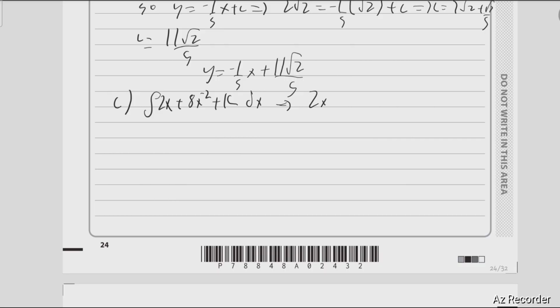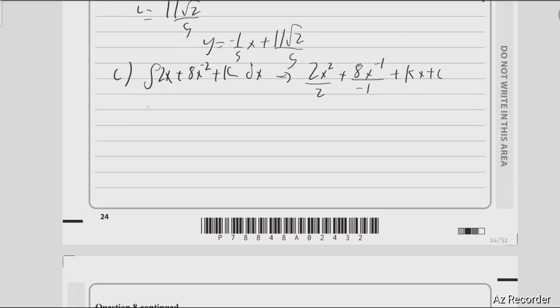So it's 2x squared over 2 plus 8x to the negative 1 over negative 1 plus kx plus c. So x squared minus 8x to the negative 1 plus k is 1 minus 2 root of 2 plus c equals y.